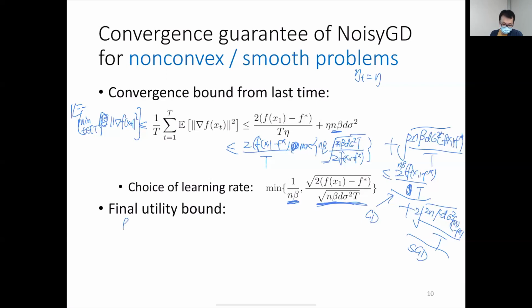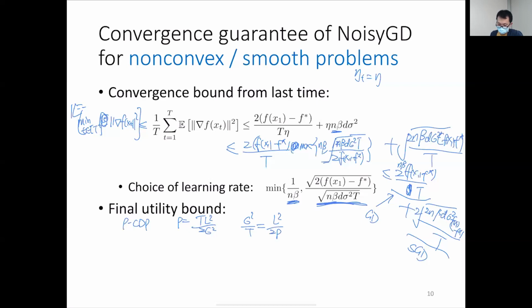Recall that from rho CDP of the whole noisy gradient descent algorithm, rho is equal to t times L square over 2 sigma square, so if we group sigma square over t together, sigma square over t is equal to L square over 2 rho.